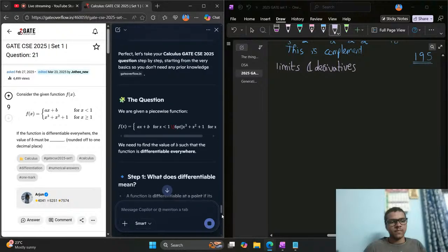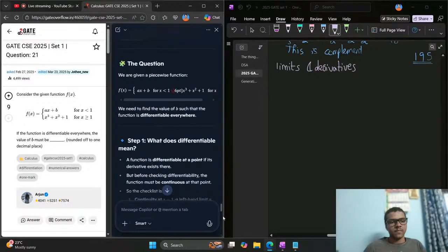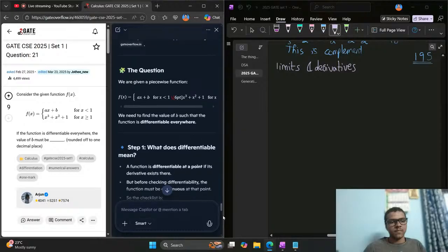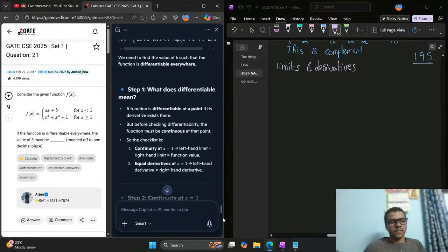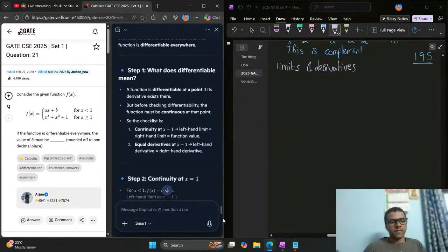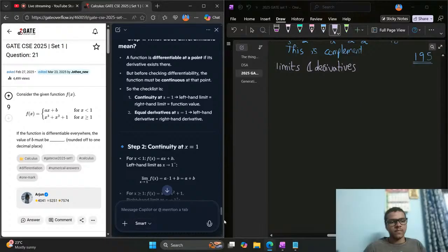We need to find a and b such that the function is differentiable at a point. A function is differentiable if its derivative exists there. Continuous at that point, function values equal, derivatives equal. So the left hand derivative is equal to the right hand derivative.